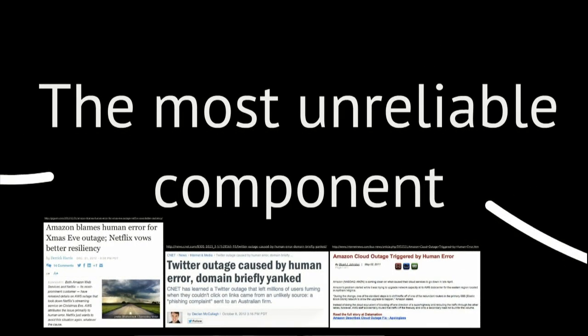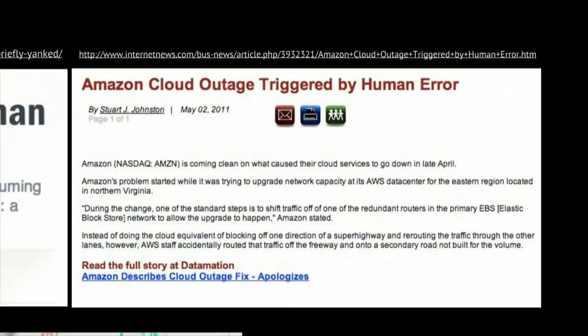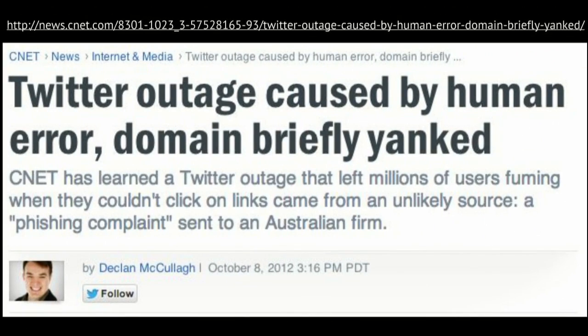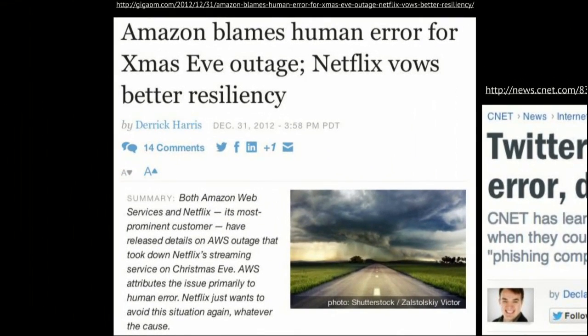I've Googled my way around, looked at some post-mortem accounts, and we can look at a few. Here we say Amazon cloud outage triggered by human error, right? That gives a hint. Another one, Twitter outage caused by human error, all right? And final one, oh, surprise, surprise. Amazon blames human error for Christmas Eve outage.